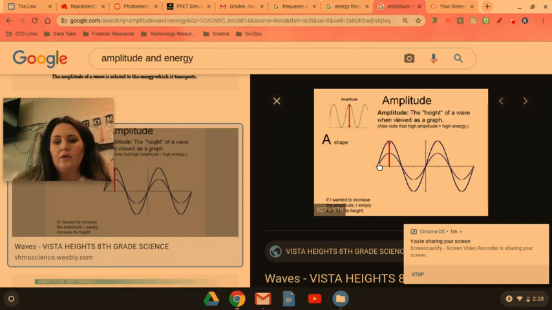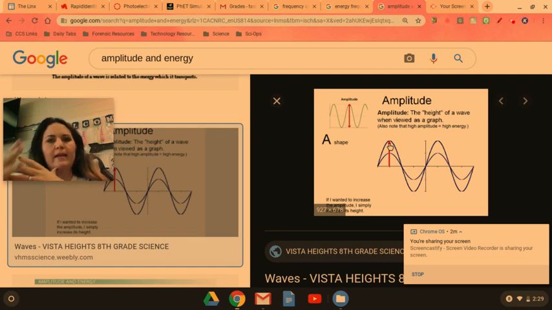Okay, so you have this top wave that I'm pointing to that has the high crest. This is a high amplitude wave. It's high energy. And I'm going to share a video with you, if I can find it, of Mythbusters. When you start seeing the waves in connection with sound, because we're so familiar with amps and sound and noise, it'll probably help you understand.